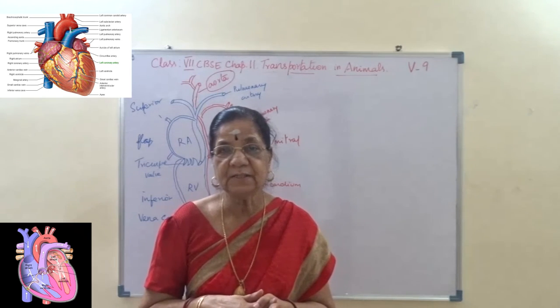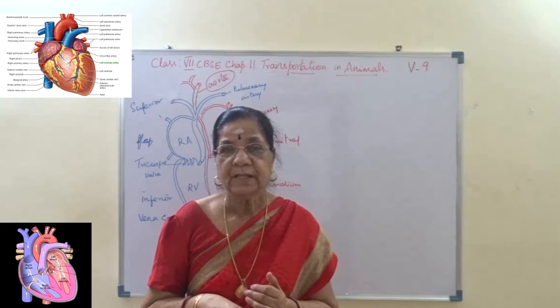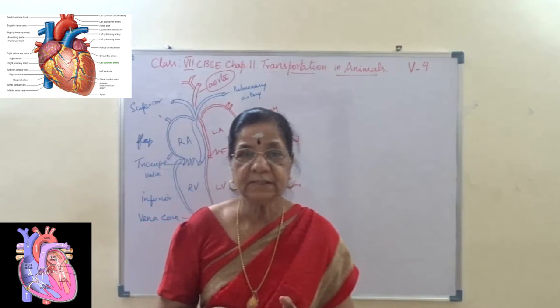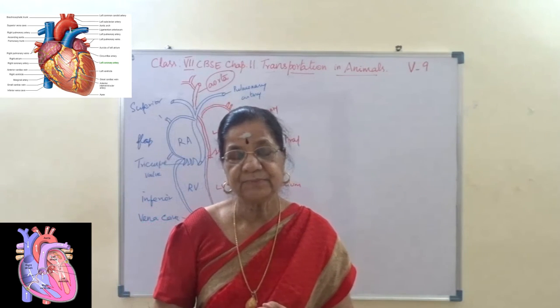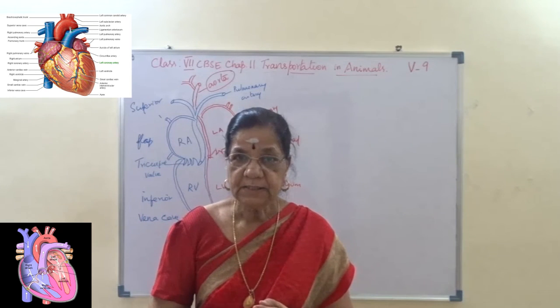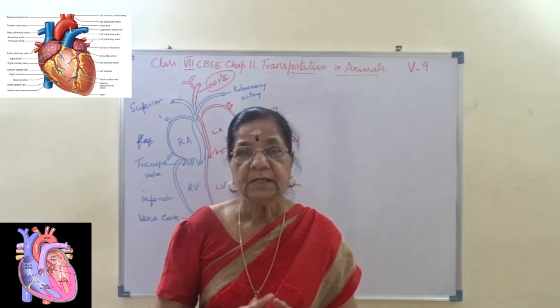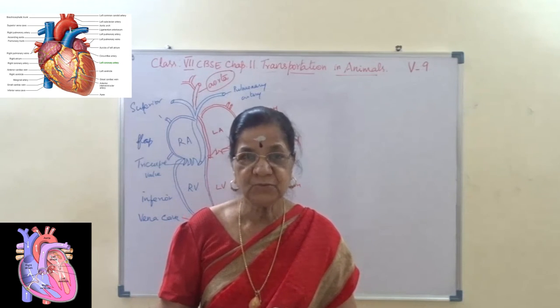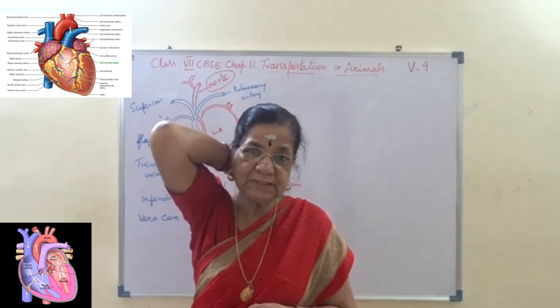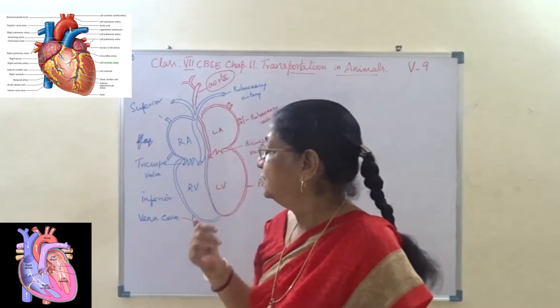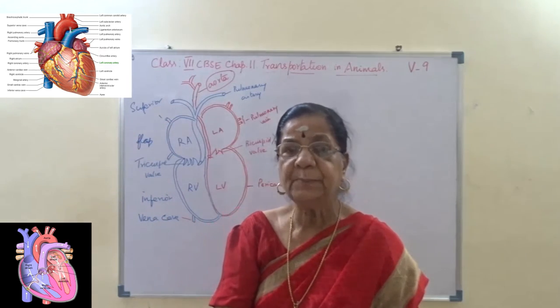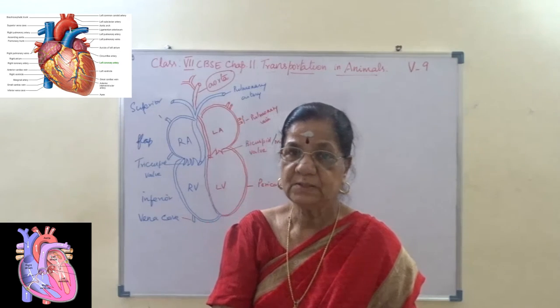Chambers of the heart are right atrium, left atrium, right ventricle, left ventricle. Okay. And then valves of the heart: tricuspid valve, bicuspid valve, also known as mitral valve, and semilunar valve. Okay.